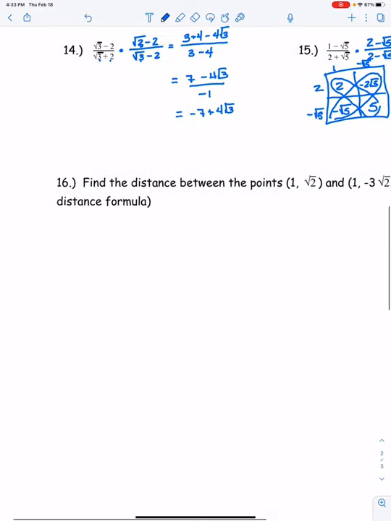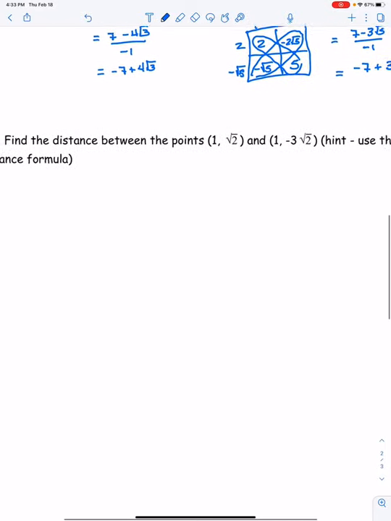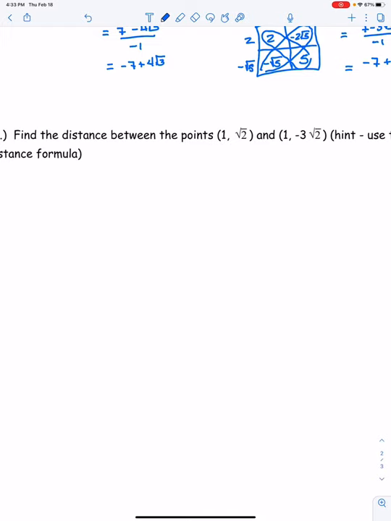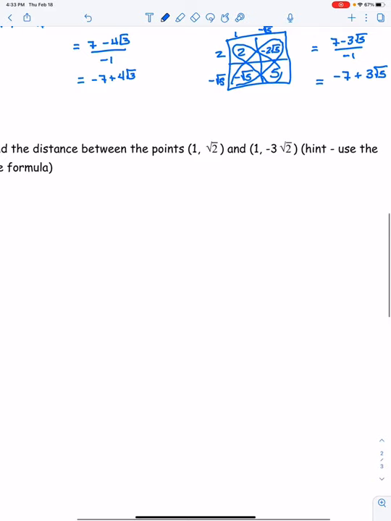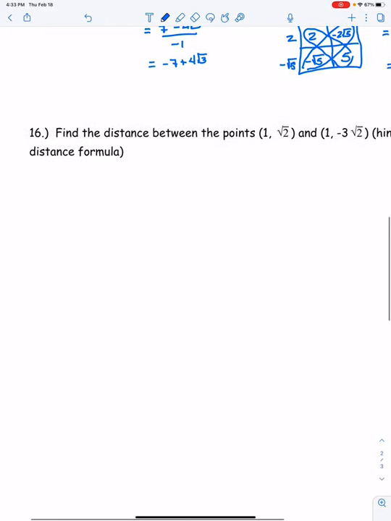Okay? Number 16. Find the distance between 2 points given 1 comma the square root of 2 and 1 comma negative 3 the square root of 2. And I gave you a hint to use the distance formula.